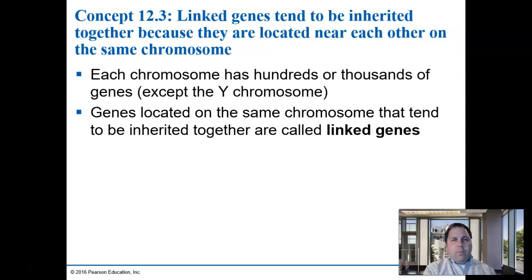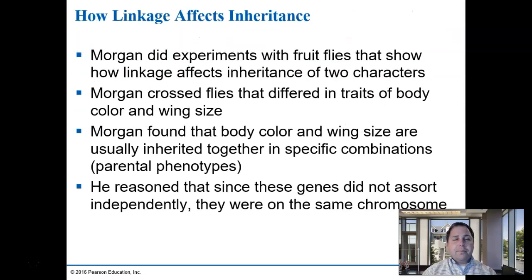As it turns out, when Morgan started looking closer and when other scientists started looking closer, there are some genes that don't have those nice clean breaks between offspring, and genes that are on the same chromosomes that inherit together are called linked genes. So we're going to add this concept now of linked genes as we think about genetics.